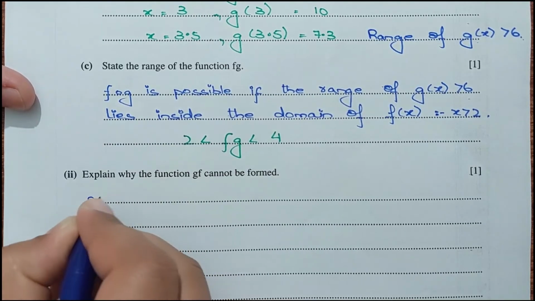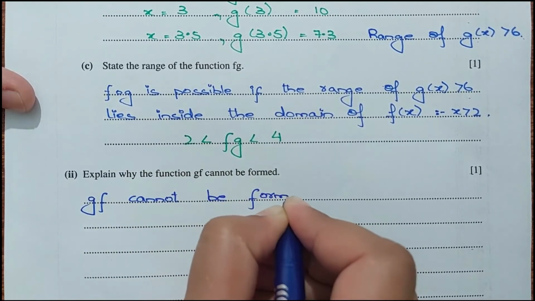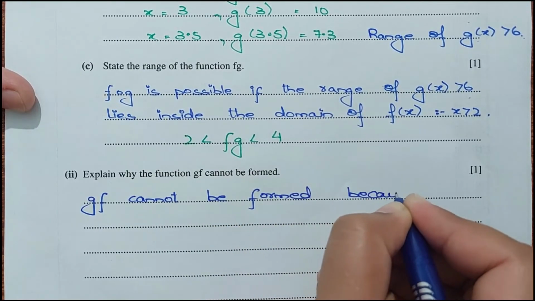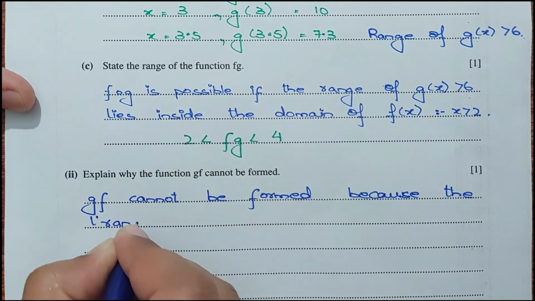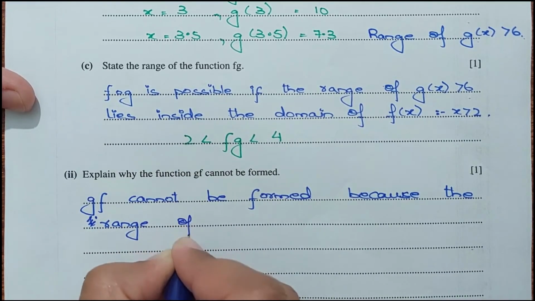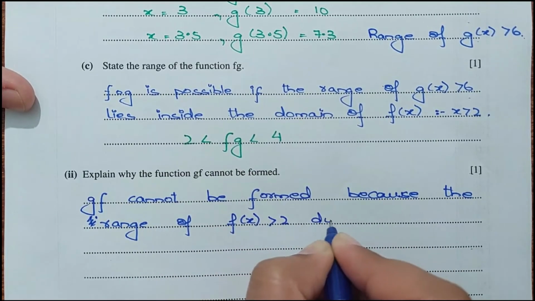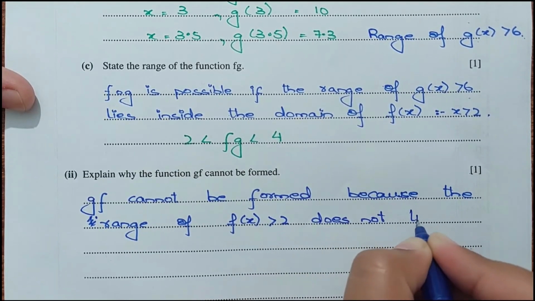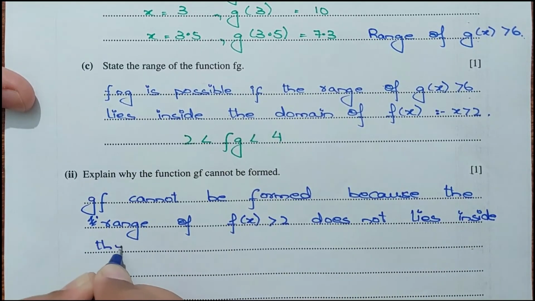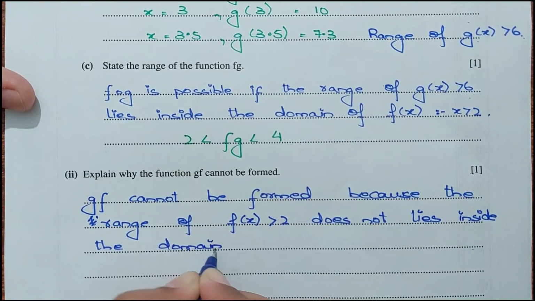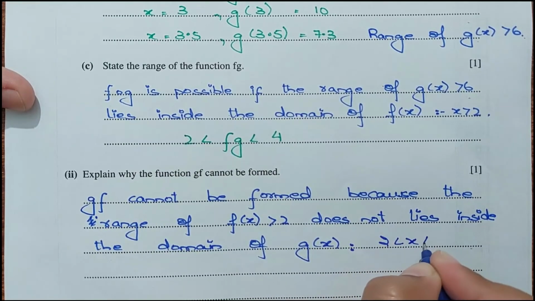Okay, so we can say gf cannot be formed because the range of the inner function, the range of f of x, which is more than 2, does not lie inside the domain of the outer function, the domain of g of x, and the domain of g of x we have is 2 is less than x is less than 4.